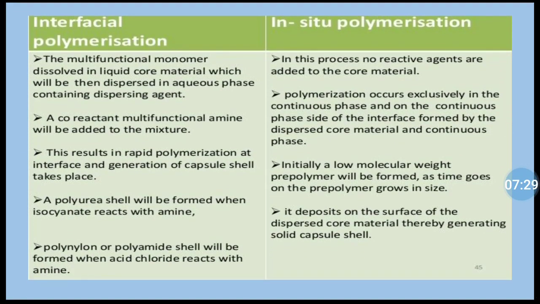Another methods of microencapsulation are interfacial polymerization and in situ polymerization. We'll study these two methods side by side because these two are similar, but they are different in a way where in interfacial polymerization the polymer gets deposited onto the core material, whereas in in situ polymerization the polymer reactants are added to the liquid manufacturing phase.